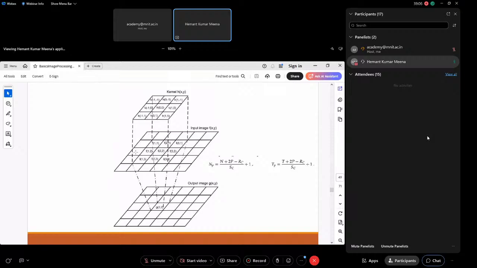The image here is 6 by 5: 5 columns and 6 rows. This 3 by 3 kernel will work upon F2 by 2. Initially it will work on this pixel, then this pixel. In this way, these many operations take place. That's why when it is working upon F2 by 2, only one value is shown, G2 by 2.